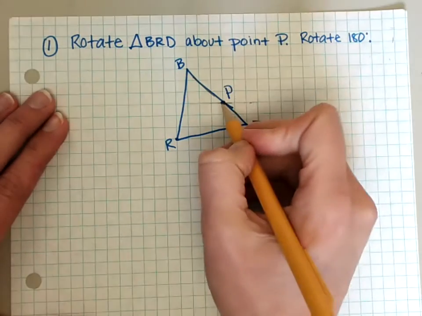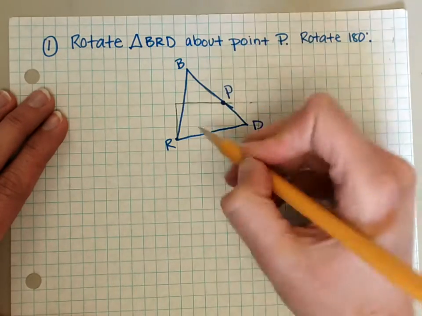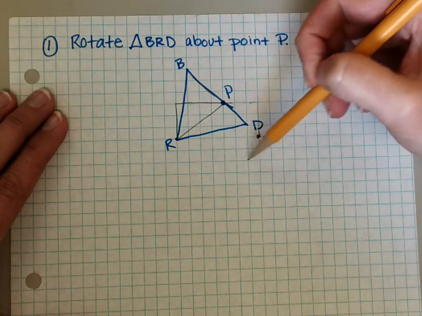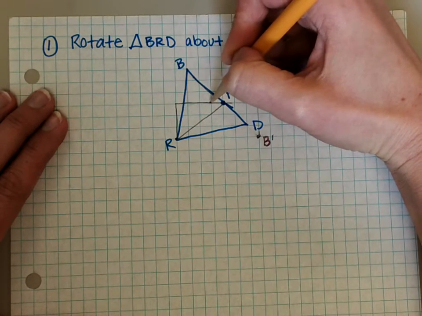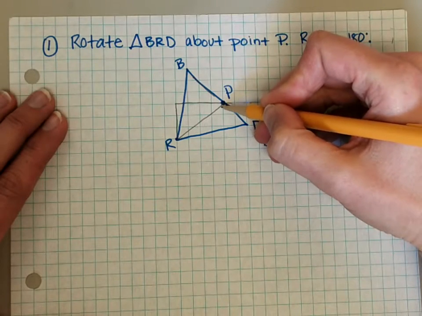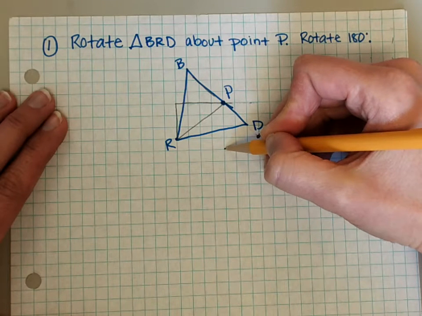I'm going to again create a right triangle with the point of rotation. And I'm going to rotate this triangle 180 degrees counterclockwise. So right here is a length of 1, 2, 3, 4. If I go this way, 1, 2, 3, 4, that would be a 90-degree rotation.